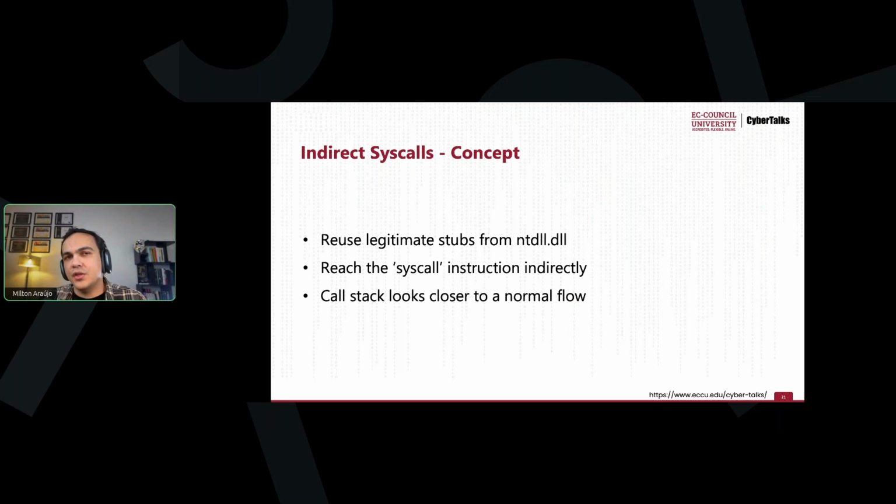And then we reach the syscall instruction indirectly, often via a chained gadget that ends in syscall. And the call stacks look much closer to a normal flow, because this is passed through NTDLL like a regular API. From an EDR point of view, this is significantly harder to distinguish from normal behavior.